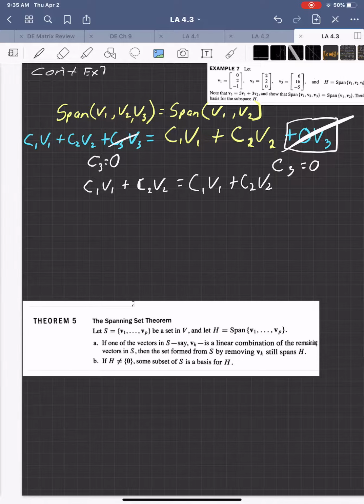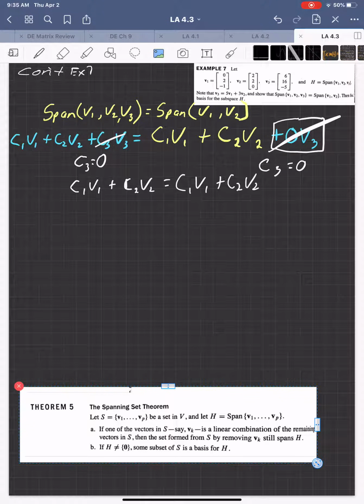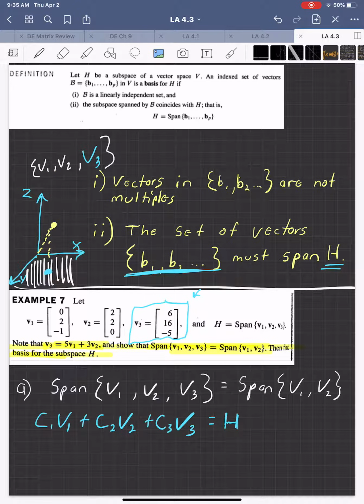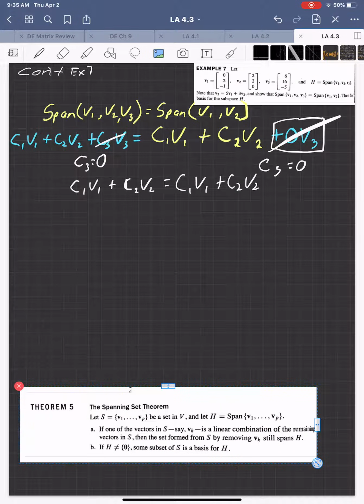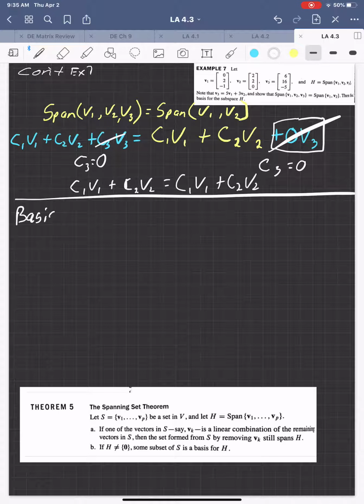So, okay. Now, the second part to that question, and I'm going to scroll back, is to find the basis for subspace H. So that's what I'm going to try to tackle right now. So the basis for the subspace H. All right.